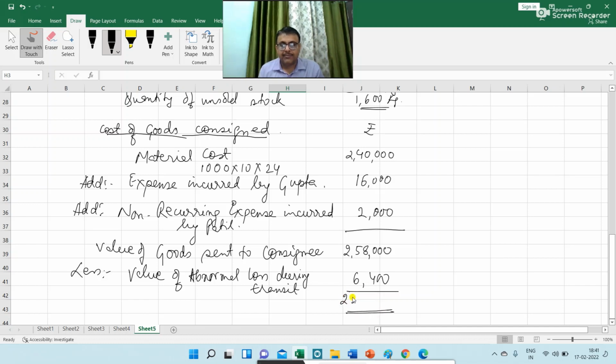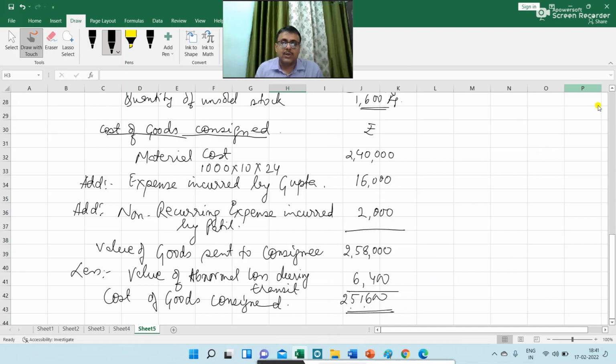So 2,51,600 is the cost of goods consigned. So 2,50,000 minus value of abnormal loss during transit. So this is the cost of goods consigned, or this is the value of goods which is available for sale.